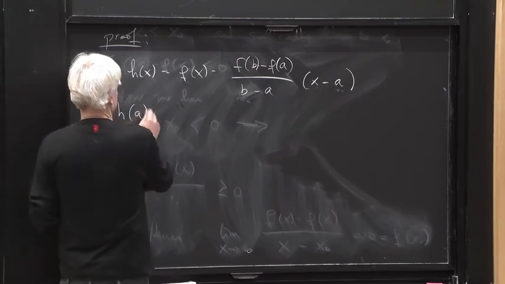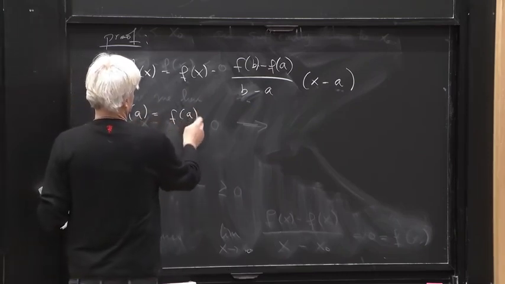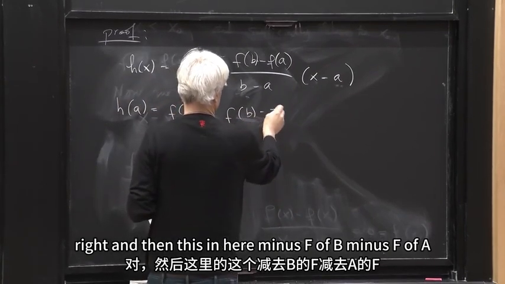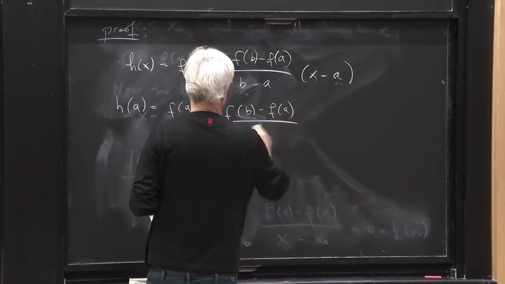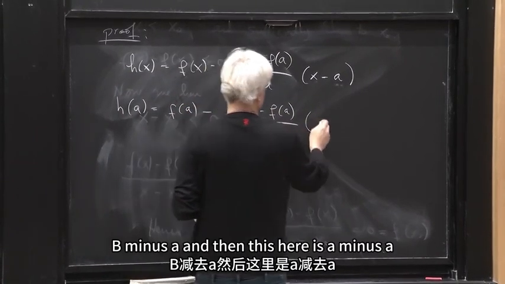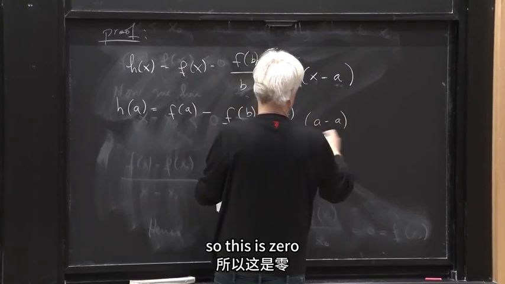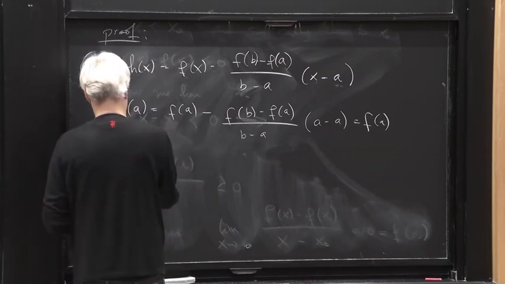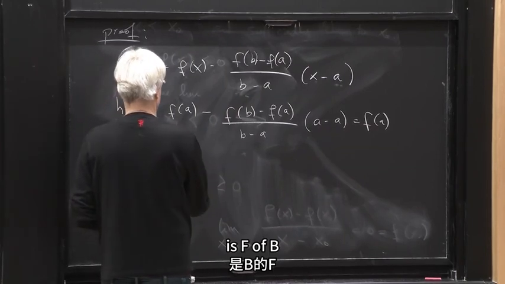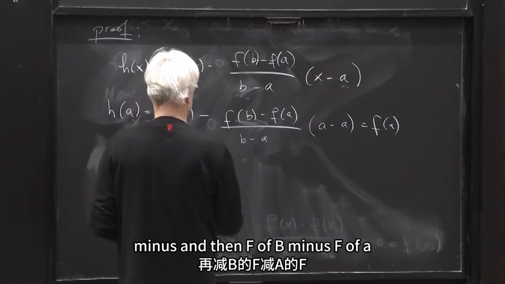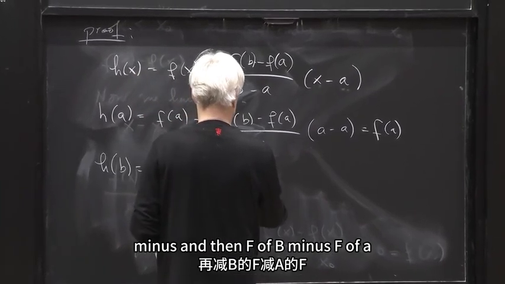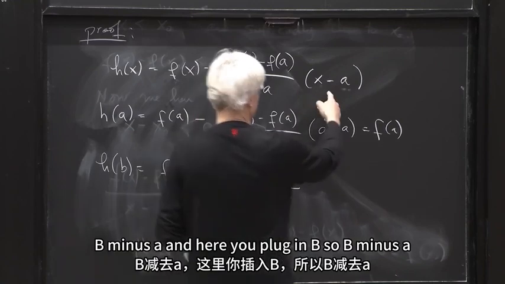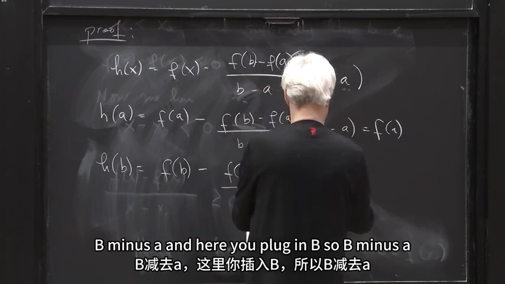h of a is f of a, and then this thing here minus f of b minus f of a over b minus a, and then this here is a minus a. So this is 0, so this is f of a. h of b is f of b minus f of b minus f of a over b minus a, and here you plug in b, so b minus a.